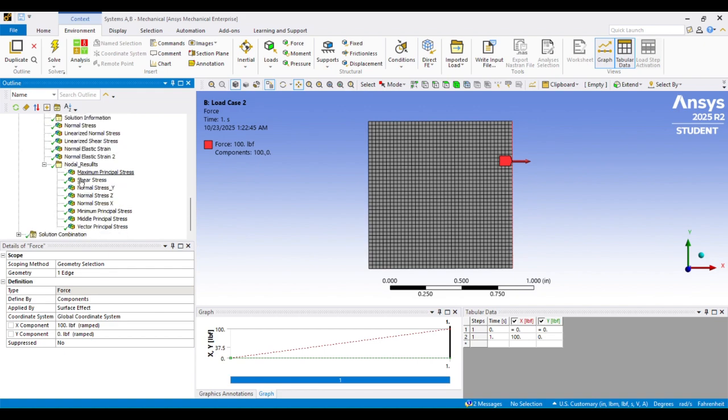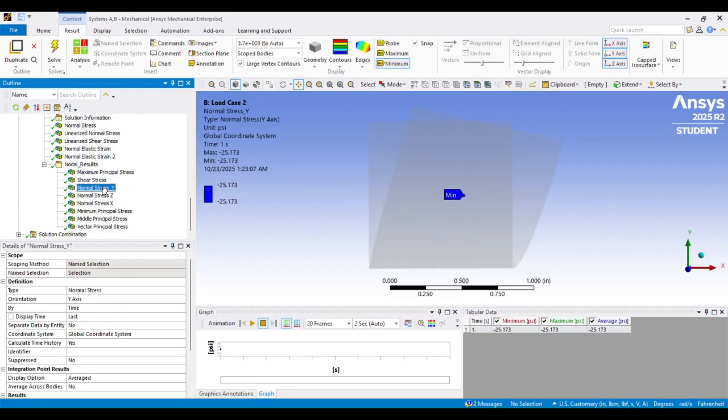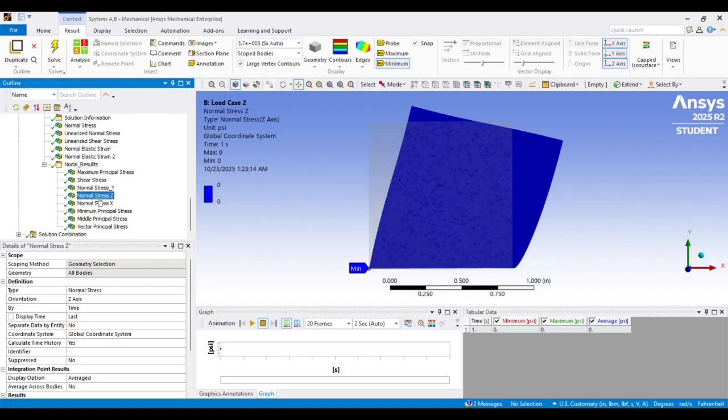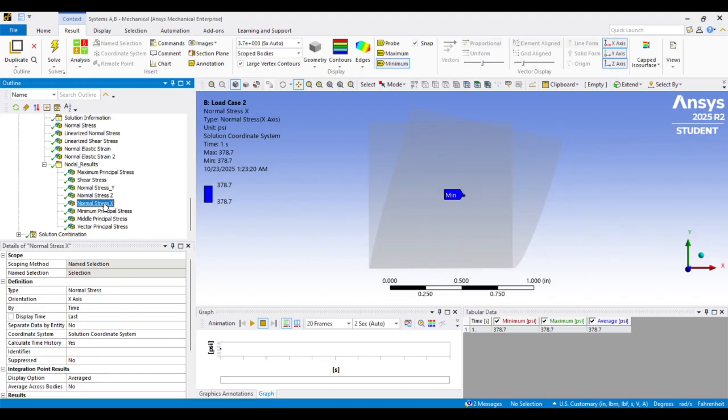And I've used ANSYS to post-process the maximum principal stress and the normal stresses. So we'll look at the normal stress in the y direction, and that is minus 25.173. Again, the z normal stress is 0, and the x normal stress is 378.7.